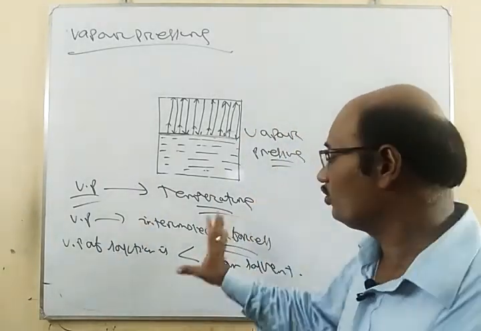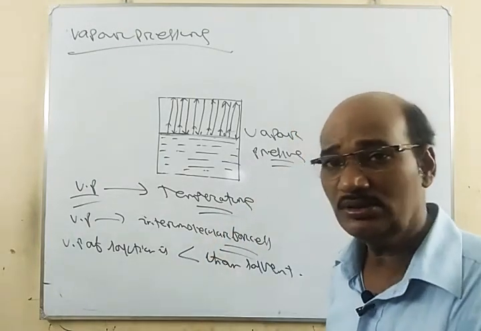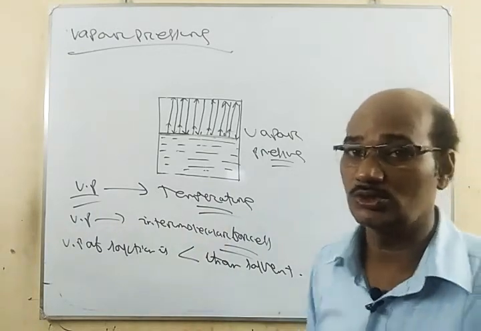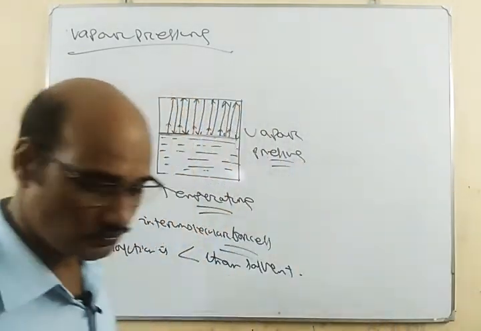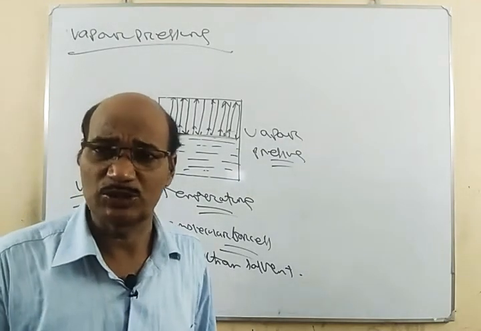So when you make a solution, the vapor pressure decreases, hence more temperature is required to boil the solution. These are the different factors affecting vapor pressure.